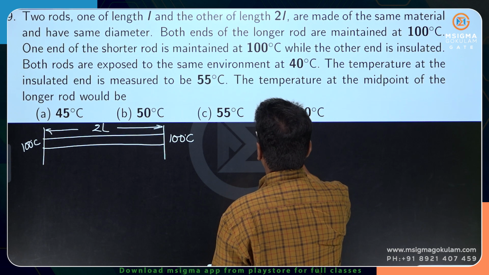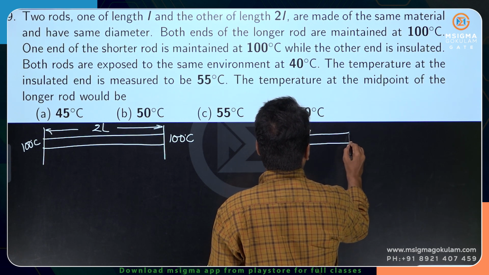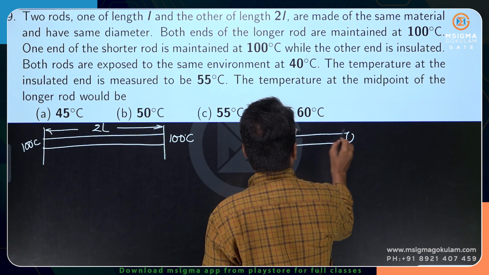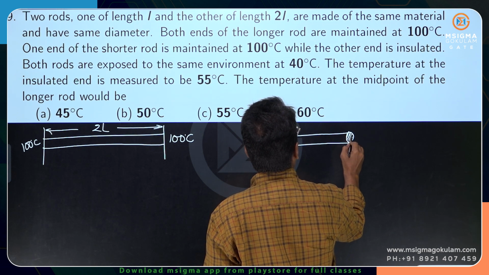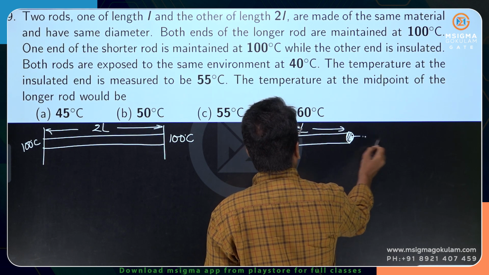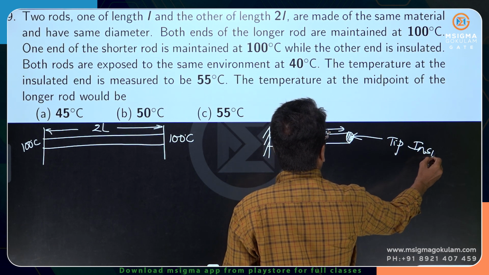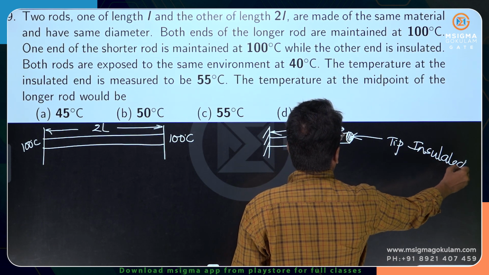Now we have a single rod of length L only, not 2L, but this tip is insulated. It's a very good question, asked in GATE and in engineering services also.